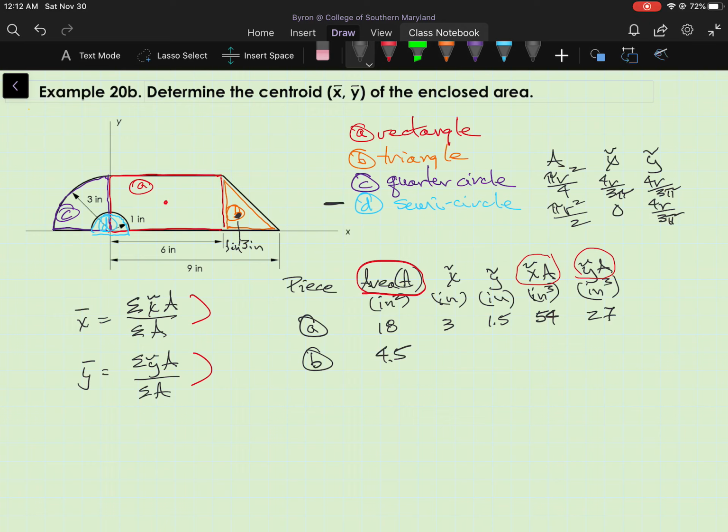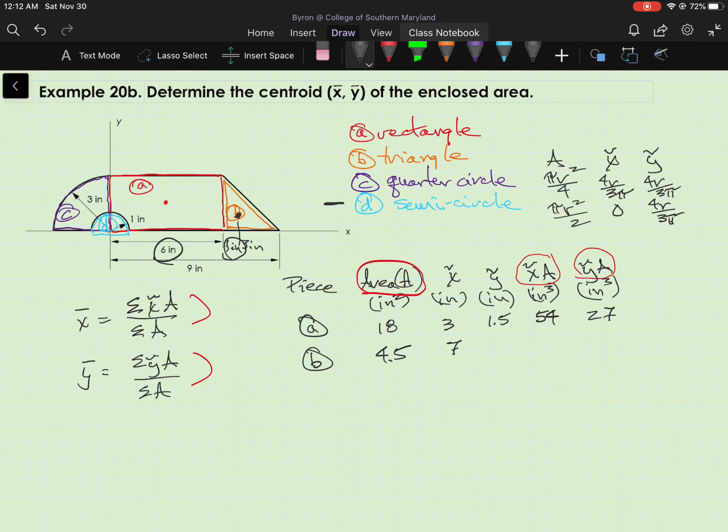So x tilde needs to be the distance from the y-axis, along the x-axis. So it's going to be the 1 inch plus the 6 inches, or 7 inches.